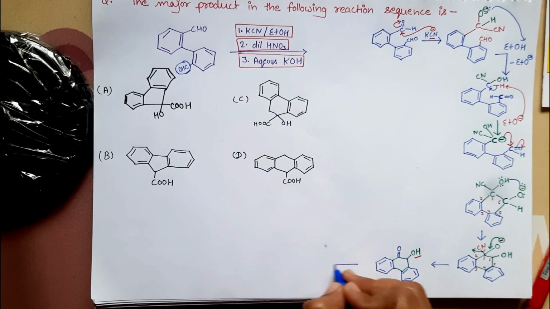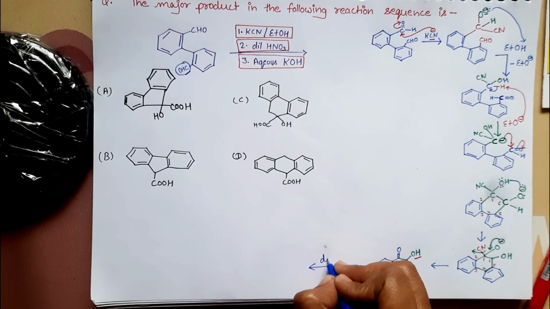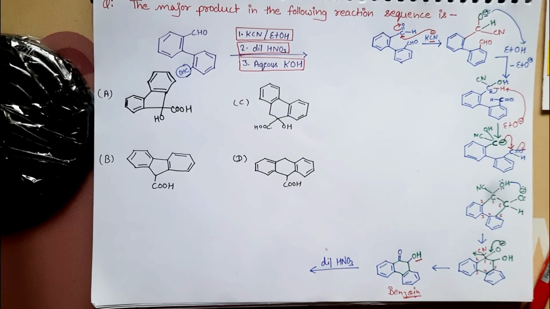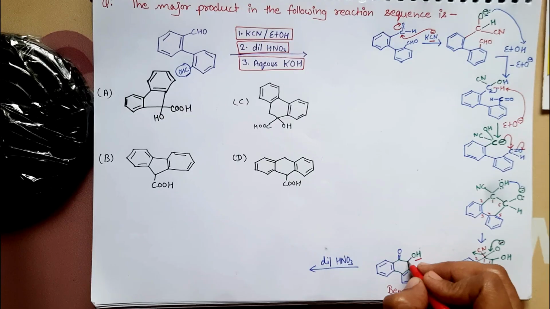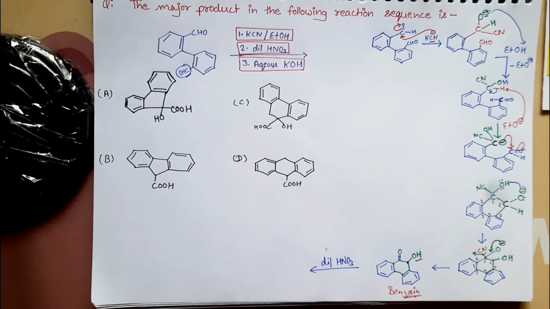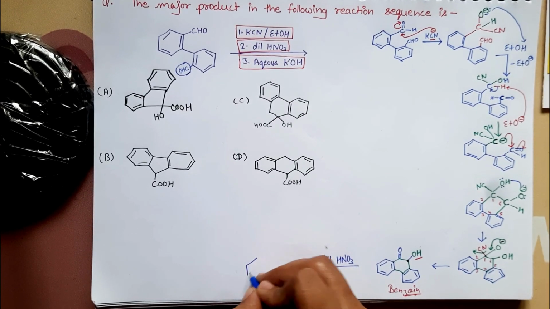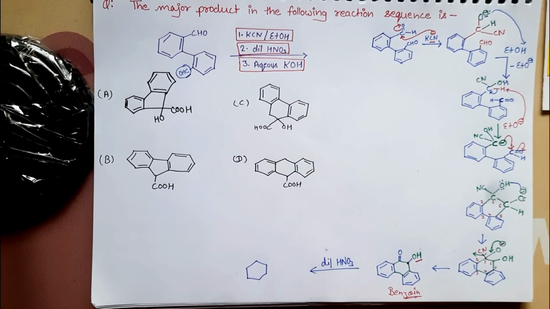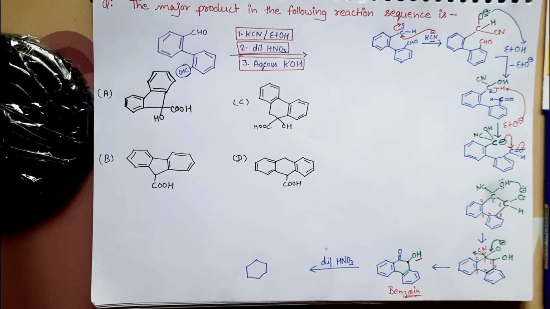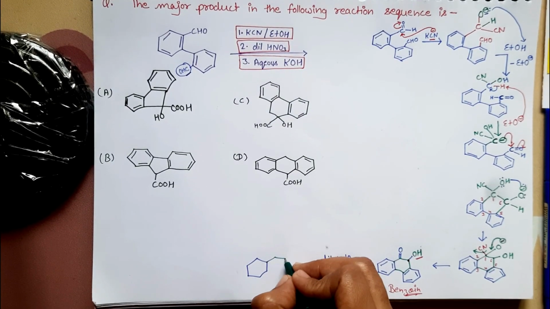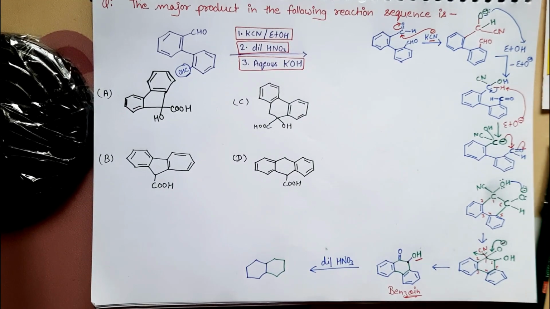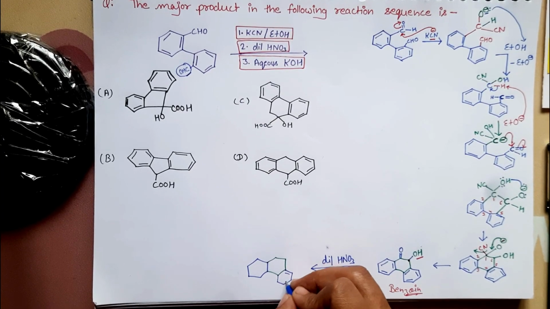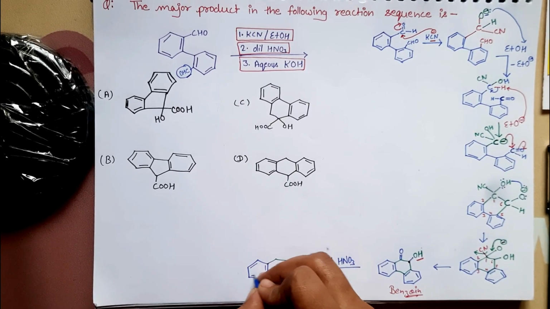So after reacting with dilute HNO3, this carbon is oxidized, and we get a 1,2-dicarbonyl group.